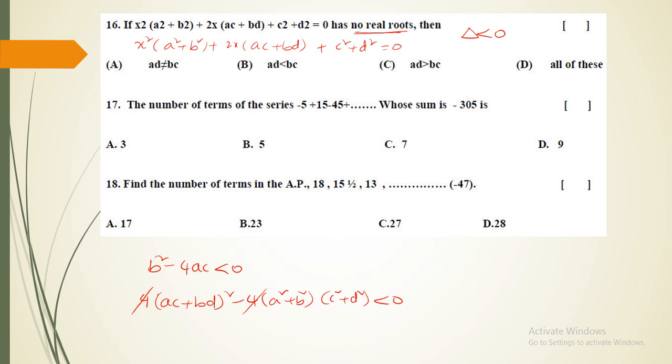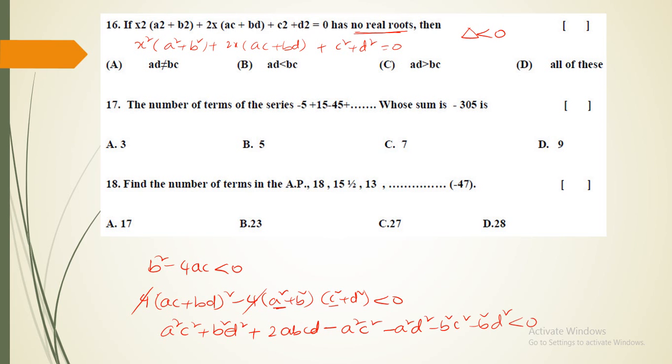So here I can take 4 common and transpose that side, then it becomes 0. Next, if I expand this, a square c square plus b square d square plus 2 times abcd, minus, if I multiply this, a square c square minus a square d square minus b square c square minus b square d square, less than 0.